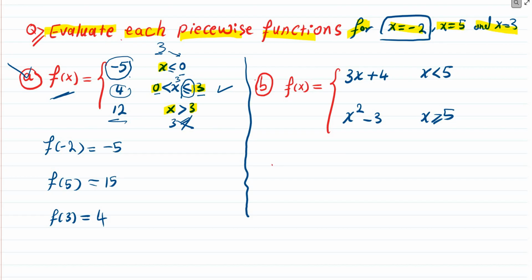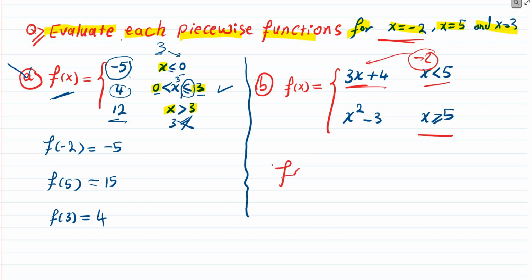Okay, dear students, let's change the color and go to question number 2, part B. Let's evaluate the same values for part B, or you can change the values, but for this example I picked these 3 random numbers. For the first one, x equals -2. Is -2 less than 5 or greater than 5? As you see, students, -2 is less than 5, so you should substitute -2 in place of x in the first rule.